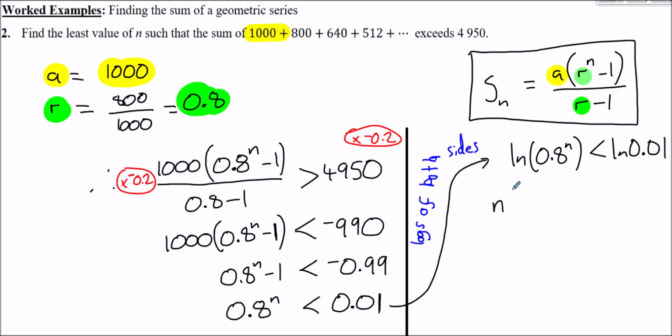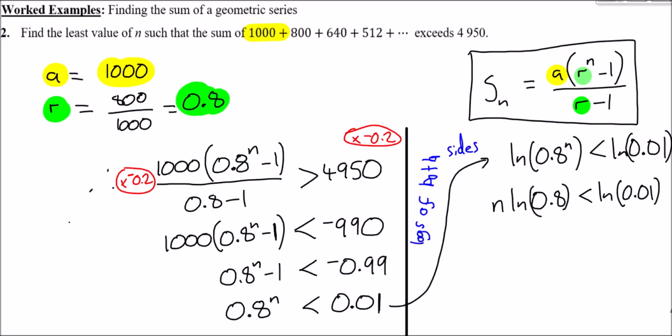So then we have n times ln 0.8 must be less than ln of 0.01. We now need to isolate n. So what we can do at this stage is divide both sides by ln of 0.8. And at this stage we need to be particularly careful.